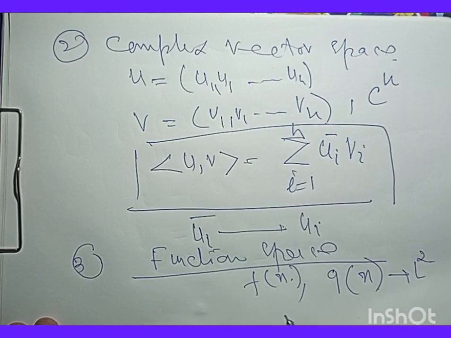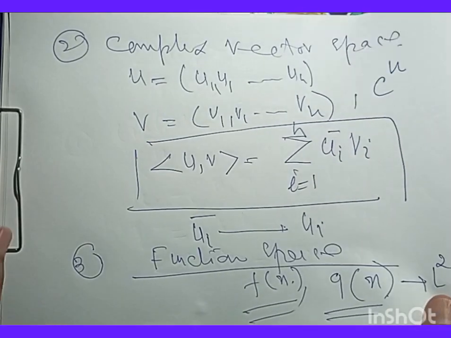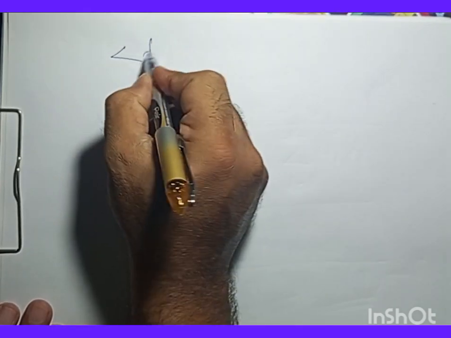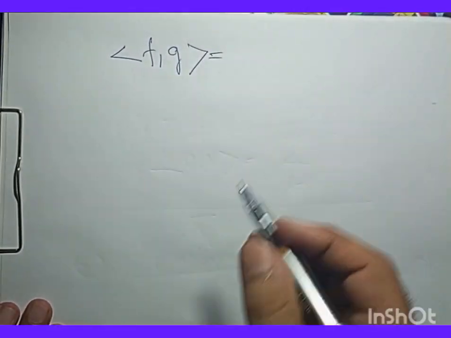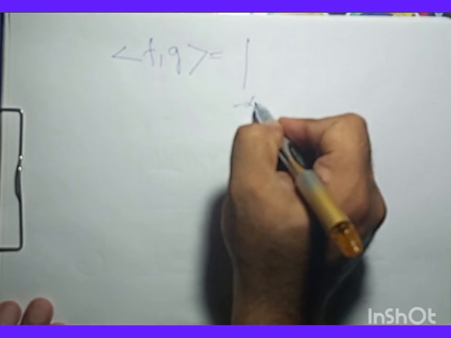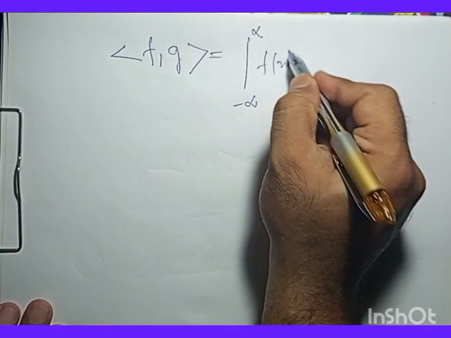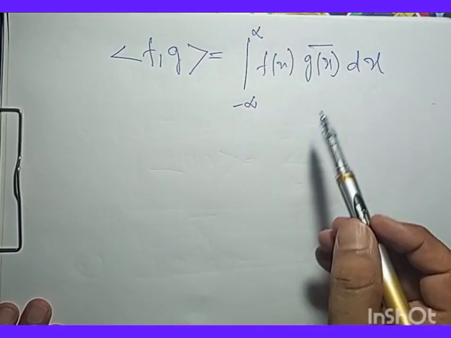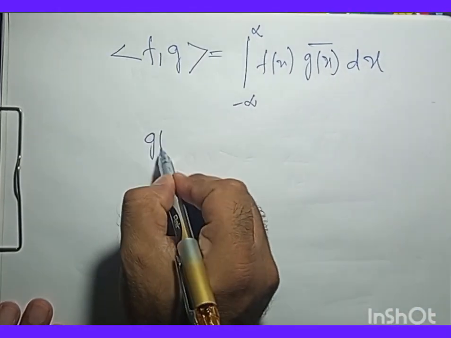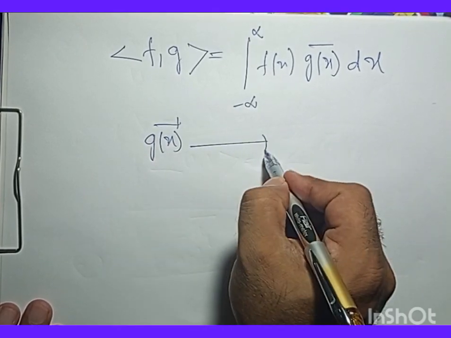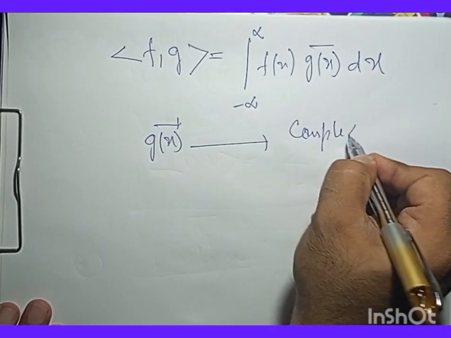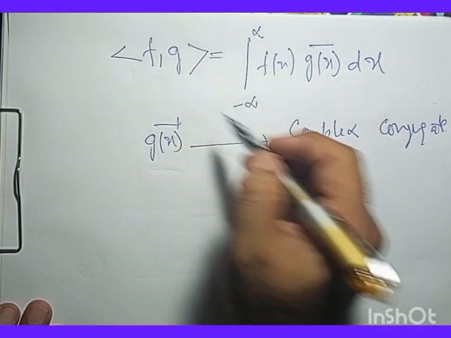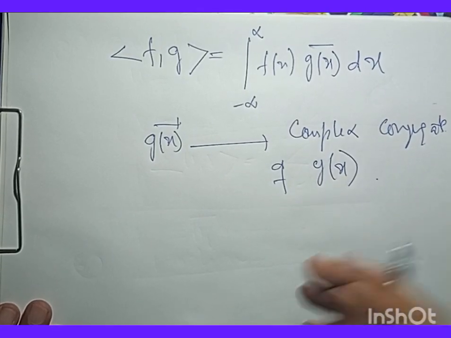The inner product between f and g is defined by the integral from minus infinity to infinity of f of x times g of x bar, dx. Here g of x bar denotes the complex conjugate of g of x that we have predefined.